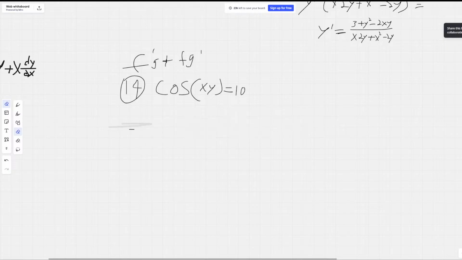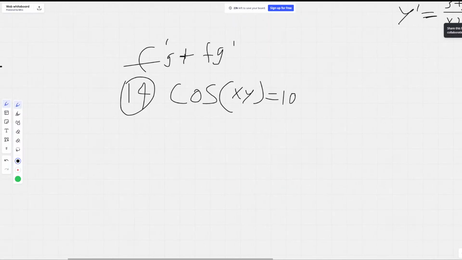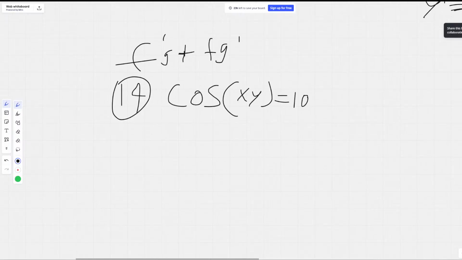This is one of the ones he went over due to it being one we hadn't learned about in class prior. So what that'll mean is cosine xy equals 10. We'll then continue into sine xy times y plus x y prime.